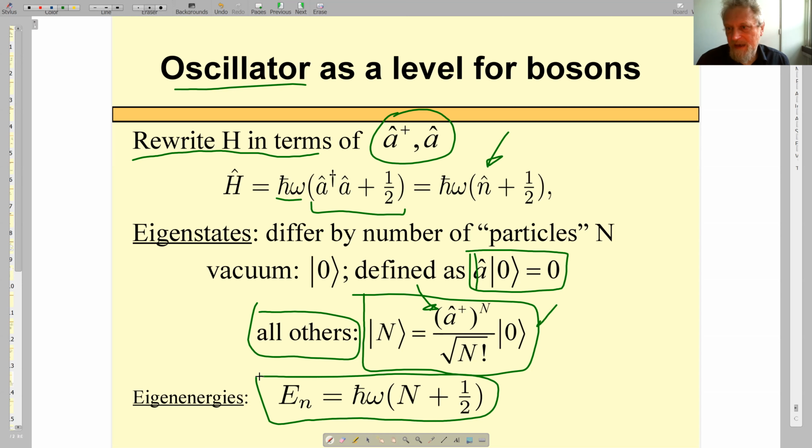How do I see this? The total energy is just the sum of individual particle energies. Well, there is also a 1/2, the zero-point energy. We will discuss it in more detail.